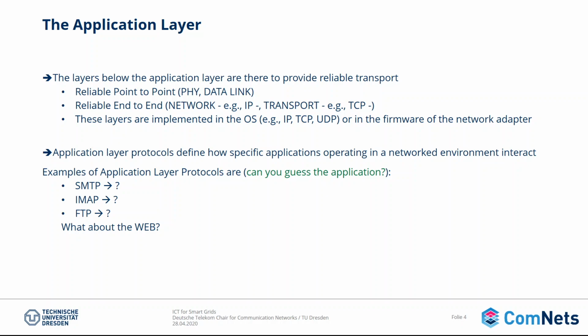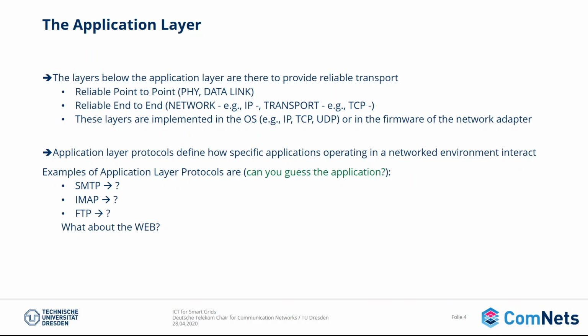Okay, so now that we know what a protocol is and that specific protocols belong to specific layers, in the application layer the protocols have specific functions. And for these functions to work, the layers below the application layer must perform their own tasks. That's the whole point of creating the different layers. The layers below the application layer are there mainly to provide a reliable transport for the communication protocol agreed upon in the application layer.